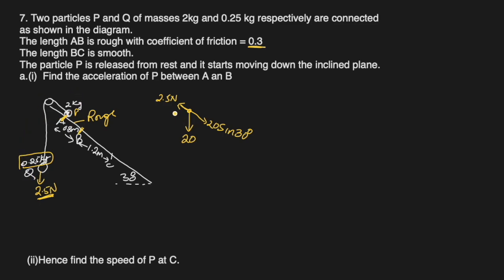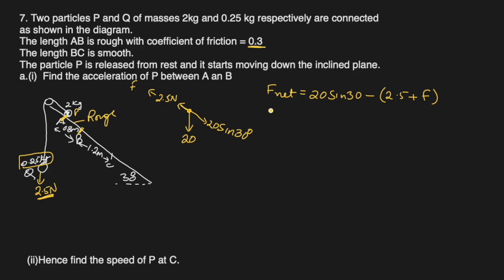But there is one more force which will be backwards, which will also be further stopping it from going, which is friction. Let's call it F, friction. So the net force, F net, will be the difference of these forces. 20 sine 30 is in positive direction, but 2.5 and friction are in opposite direction, right?